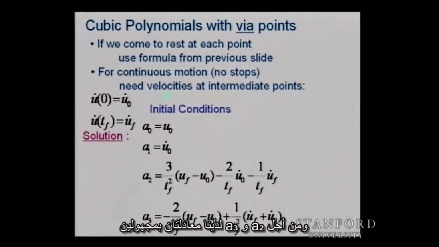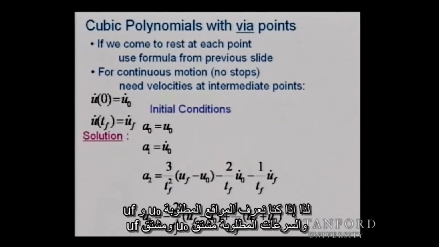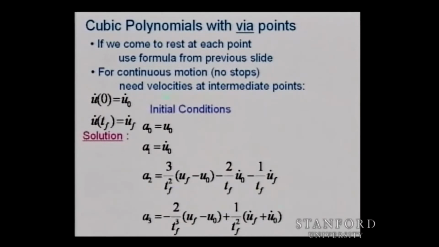And then for A2 and A3, we again have two equations with two unknowns, and they will be a function this time not only of the positions and the time, but also of the target velocities. Okay? So if we know the target positions, u sub 0, u sub f, the target velocities, u sub 0 dot, u sub f dot, and the target duration for that segment, we can compute the trajectory given those conditions. Okay?